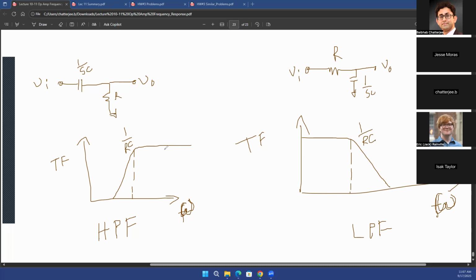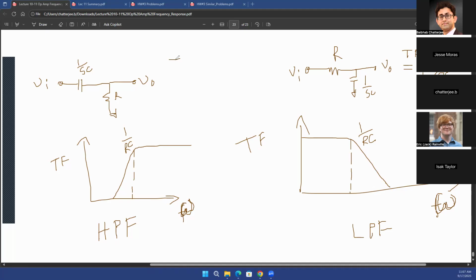All right. Now, what is interesting in both of these cases is that, remember that the transfer function that we wrote for this guy was, so let me write that down again. So transfer function is 1 divided by 1 plus SRC.